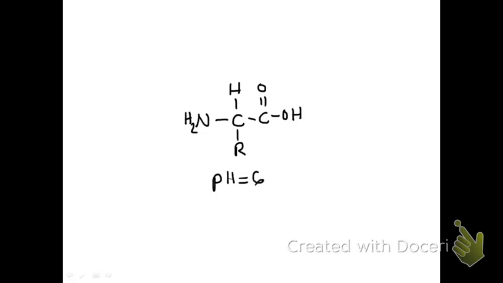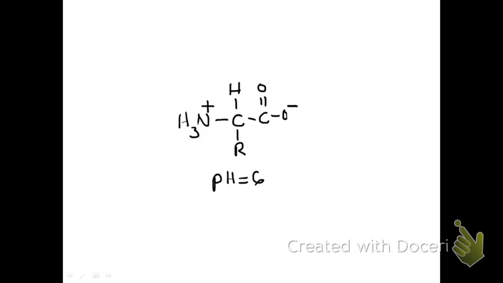So what that means then, at a pH of 6, this oxygen should be negatively charged, and our nitrogen should have 3 H's and be positively charged at the isoelectric point.